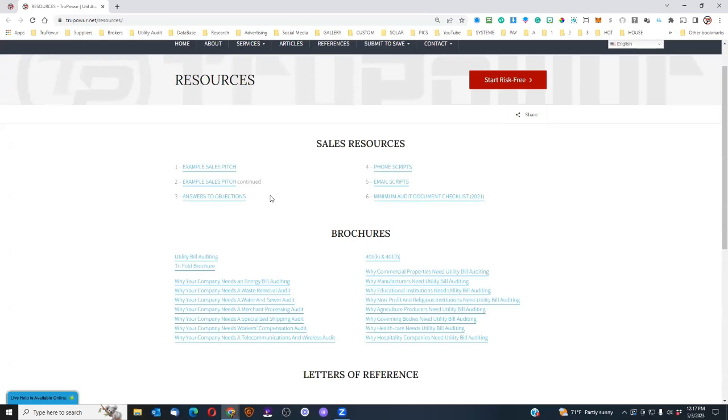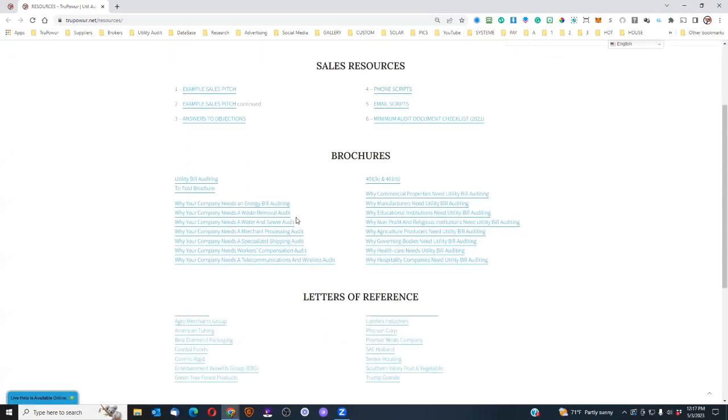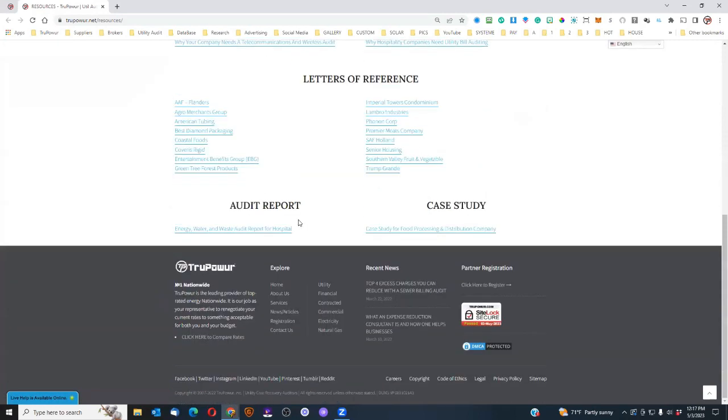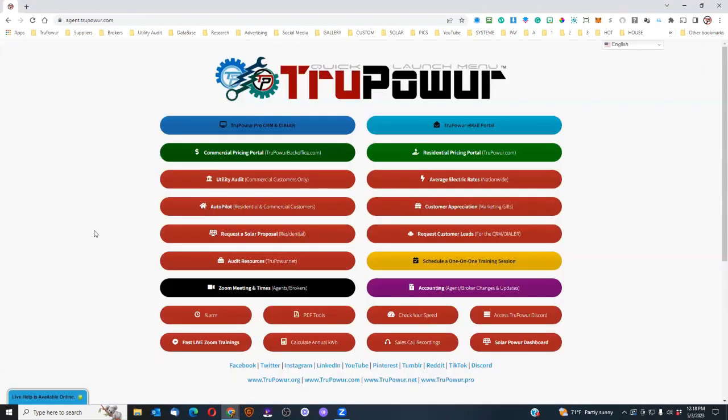So you have a lot of sales resources such as sales pitches, answers to objections, phone scripts, email scripts, things like that, other than the brochures and letters of reference and case studies and things like that, which are also available in the documents folder in the CRM. So take advantage of that. That is the audit, utility audit resources button right here.